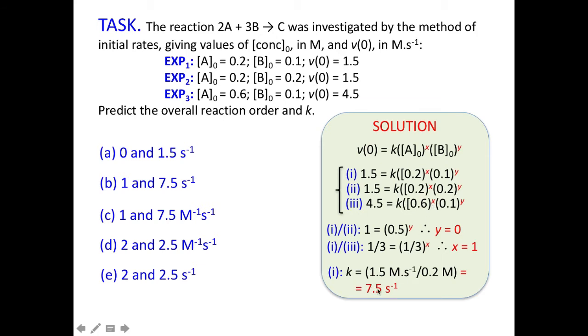If you use the correct units for initial reaction rate and concentration, you just get the correct units for k. In this case, the overall reaction order is x plus y, so x plus y is 1. This would be the correct answer, letter B.